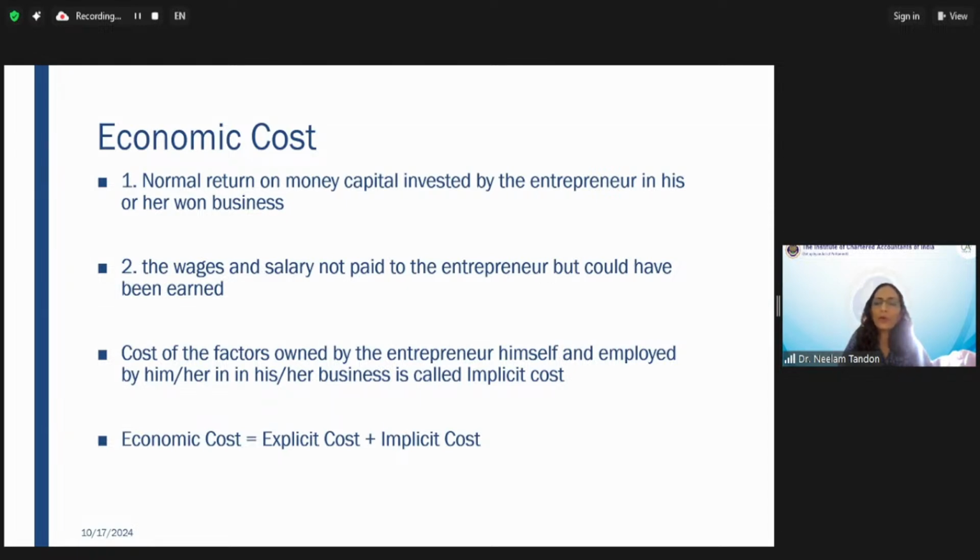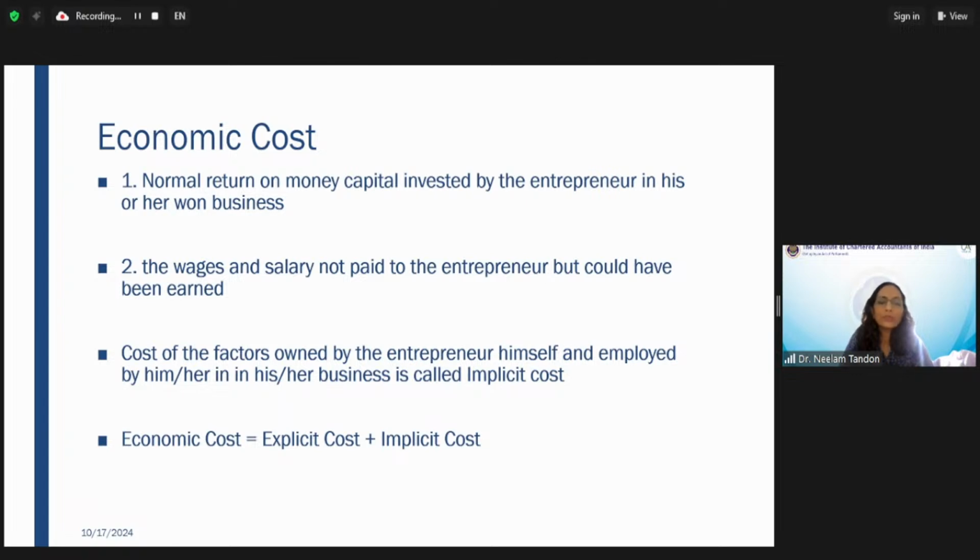When you calculate your profit, you calculate it based on how much expenses you have incurred and how much revenue you get. But in the cost component, you never take care of the services you have given to your organization. If you would have rendered those services to somebody else, working in another organization, you would have got a certain amount of money, salary. Now that salary you're not getting because you're working for your own organization. So this is also part of implicit cost.